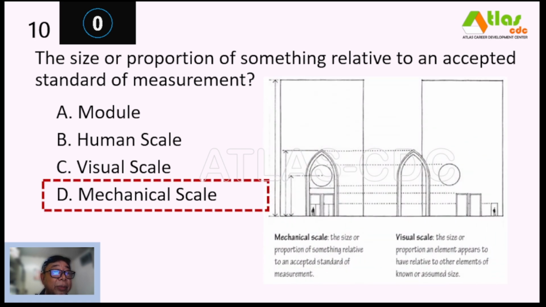So mechanical scale is the size or proportion of something that is relative to an accepted standard of measurement, and comparing that with visual scale, which means the size or proportion an element appears to have relative to other elements of known or assumed size.